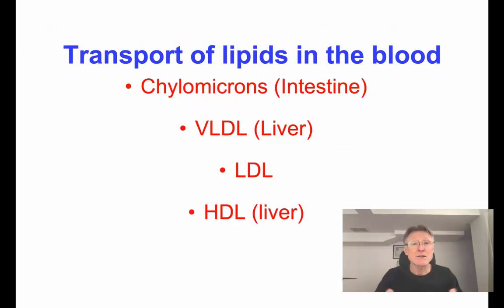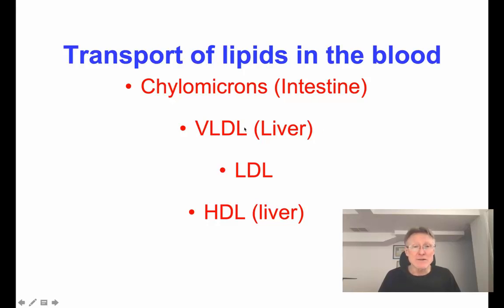So now once they get into the circulation, we have the transport of lipids in the blood. So we have again chylomicrons because they come from the intestine. We also have in the blood VLDL, which stands for very low density lipoprotein. VLDLs are produced in the liver.